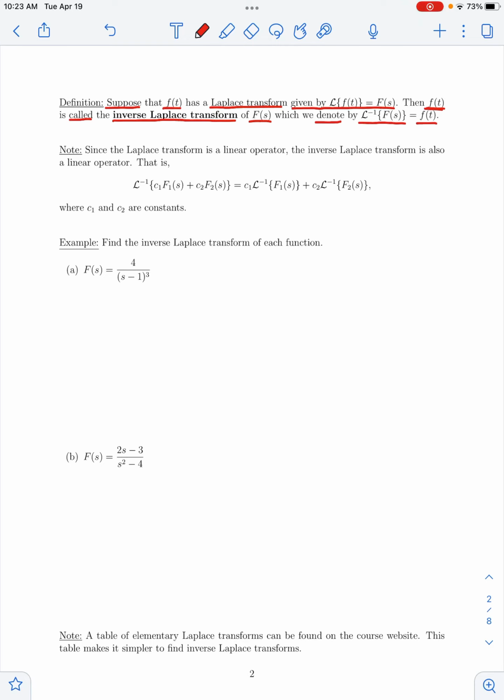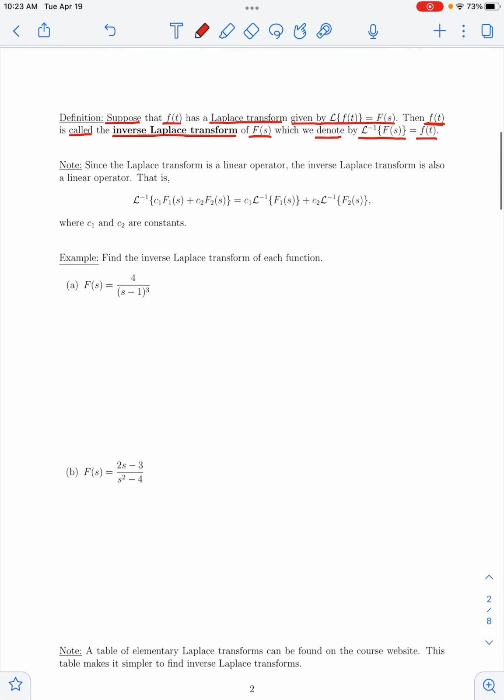So for an inverse transform, we're given a function capital F of s, and I'm asking, well, what function has that as its Laplace transform? Or to illustrate a bit better here, we have some function little f of t, and we could define its Laplace transform as some function capital F of s, and an inverse Laplace transform acts in the opposite direction.